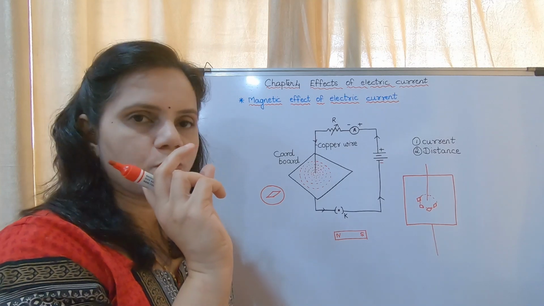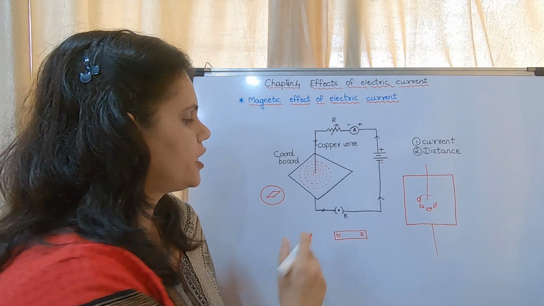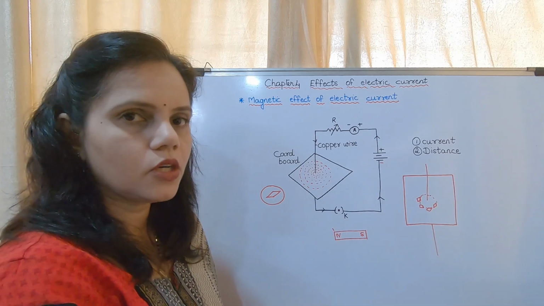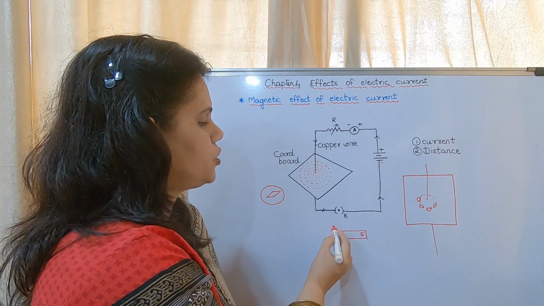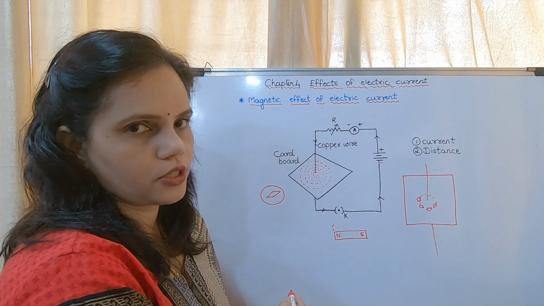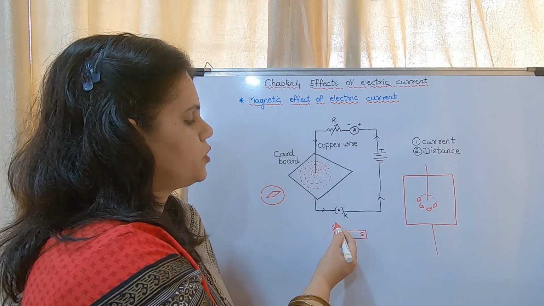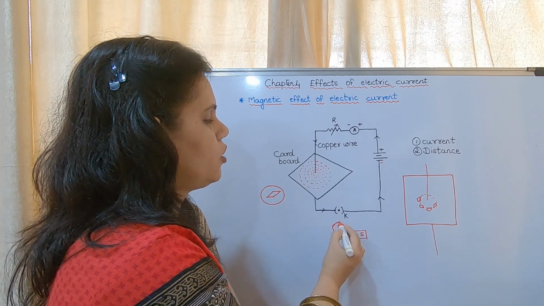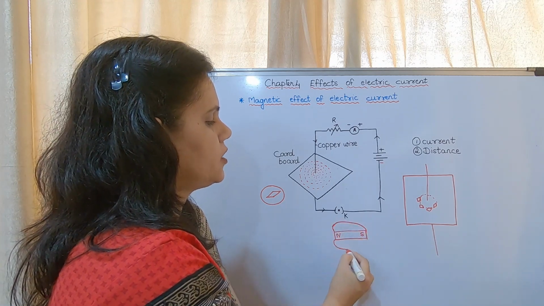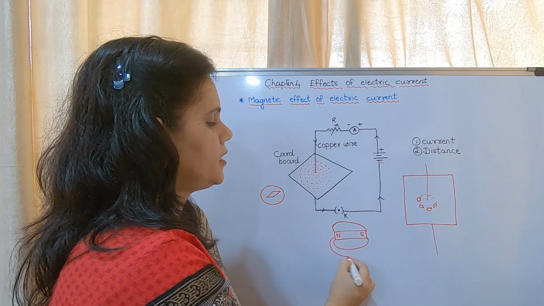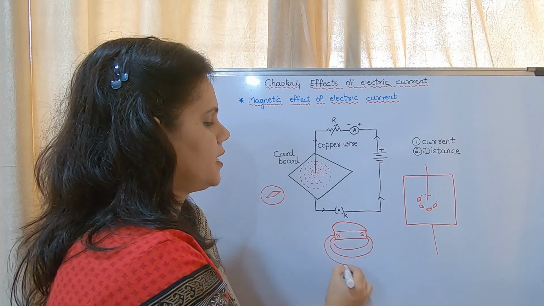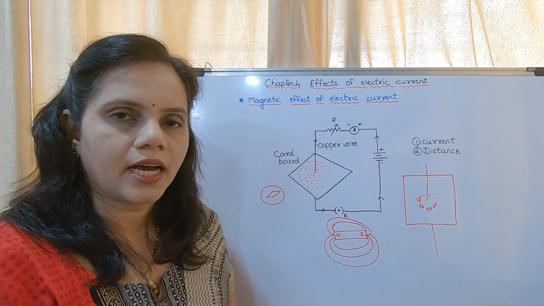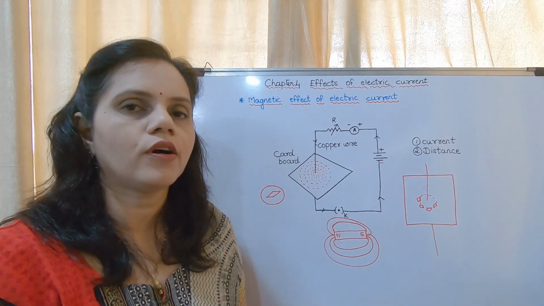If you keep that magnetic needle at this position, it will turn into this position. If you keep it at this position, it will show this position. If you join all those positions, you will get lines like this. These lines are called magnetic lines of force.